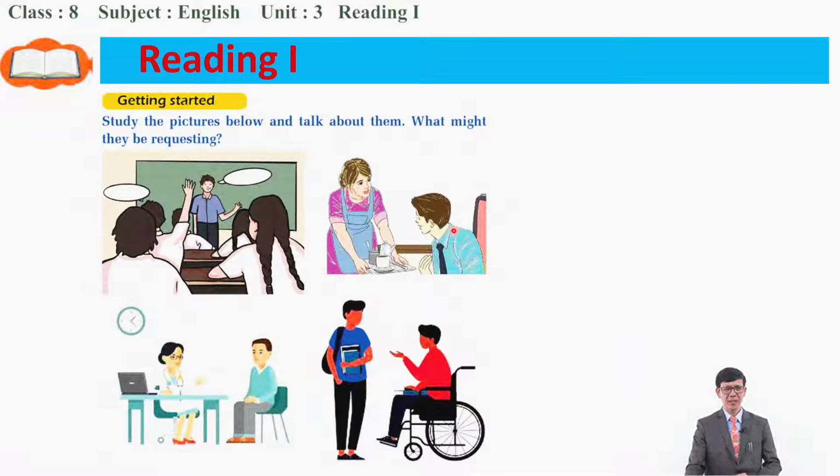Very good. And what about this picture? Can you please make a guess about this third picture? Very good, excellent. You can see there a doctor, and he may be what? Patient. Now, can you please guess what the doctor might suggest to the patient?